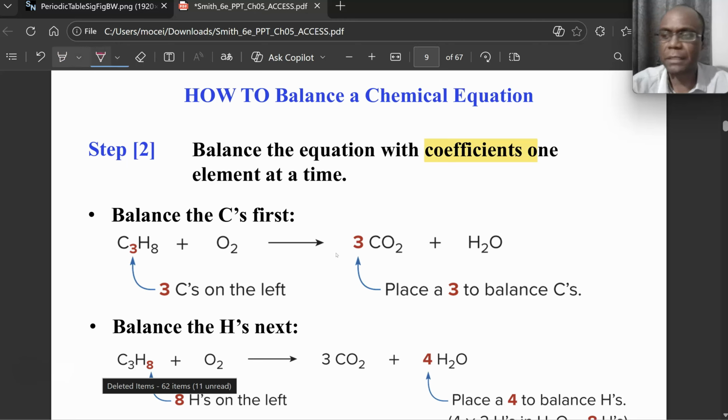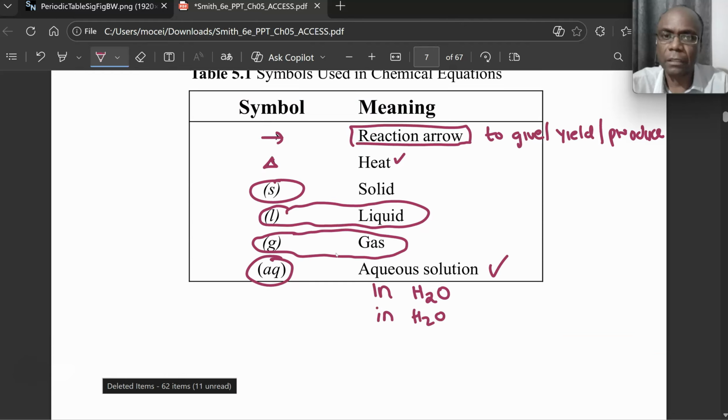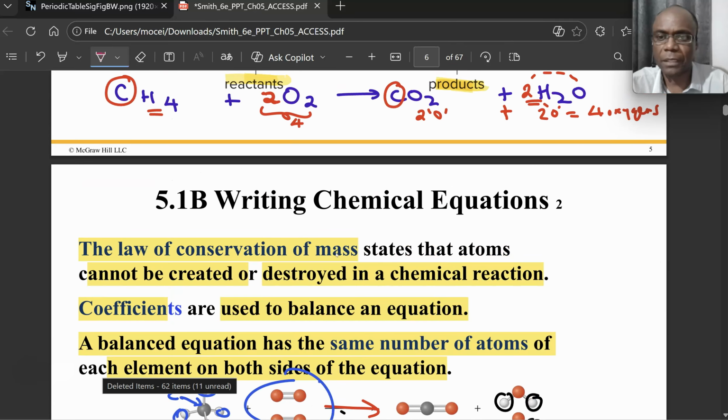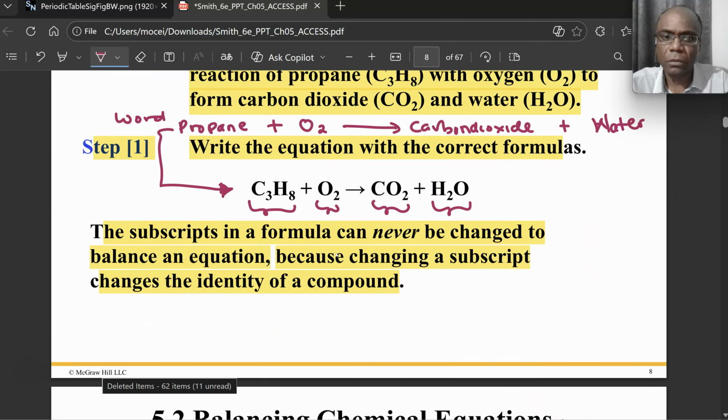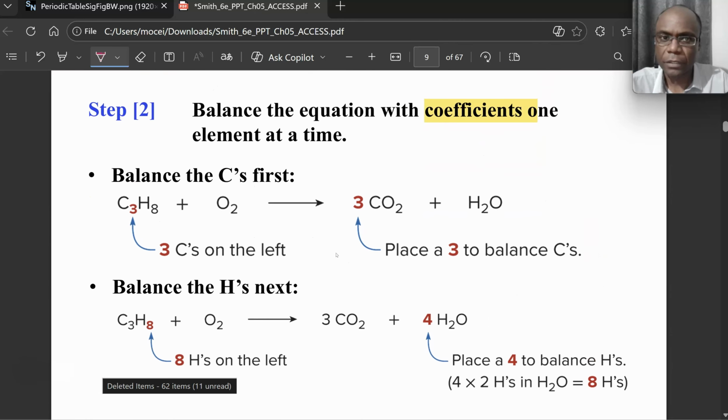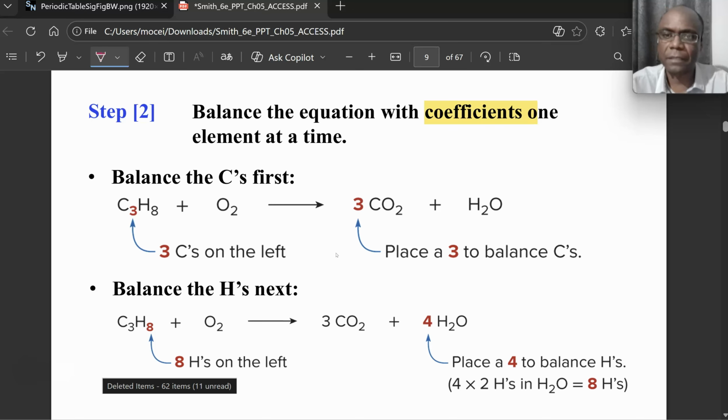Coefficients are just numbers that help us to balance the chemical reaction, where the number of elements on the left side should be equal to the number on the right side, following the law of conservation of mass. The law of conservation of mass states that atoms cannot be created or destroyed in a chemical reaction. We do know that they are conserved. You're just converting them from one substance formula to another.